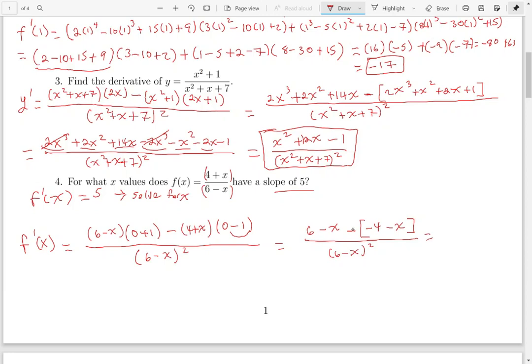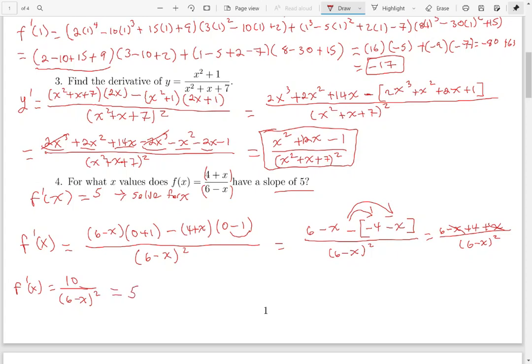But be careful because now this negative gets distributed, and so then that's going to be 6 minus x plus 4 plus x divided by 6 minus x quantity squared. Minus x plus x, that's going to be 0. 6 plus 4, that's going to be 10. And so we're going to get that f prime of x is 10 divided by 6 minus x quantity squared. At this point, we now have to actually set up the equation we want to solve.